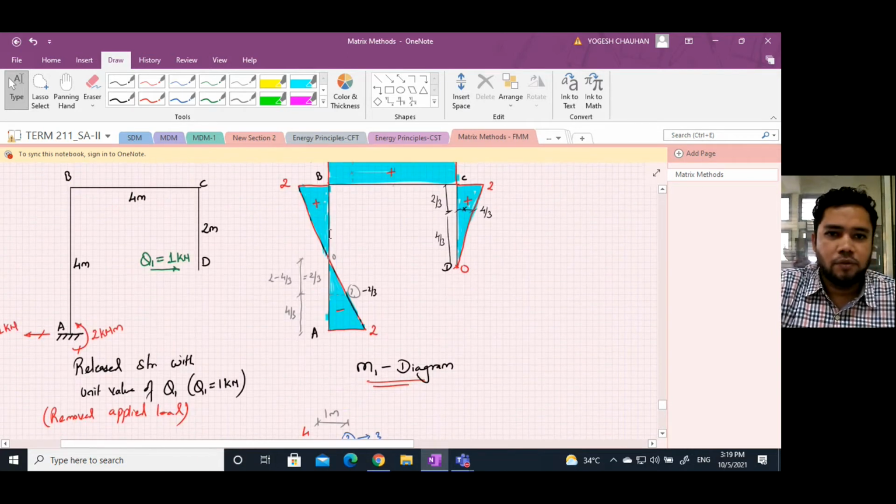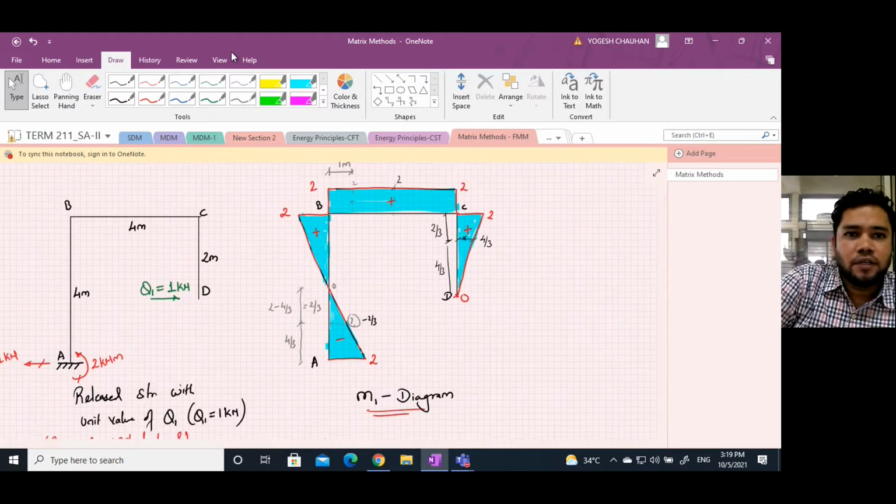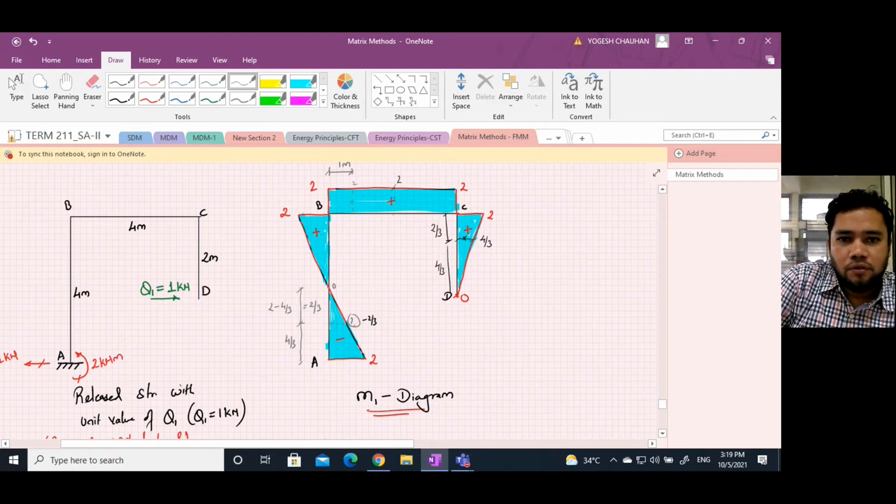So the area of this will be 1 by 2, 2 into 2, and the corresponding coordinate in this diagram, this is 4 by 3, so the coordinate here will be 4 by 3. Similarly, the CG of this will be here, so the coordinate corresponding here will be 4 by 3.